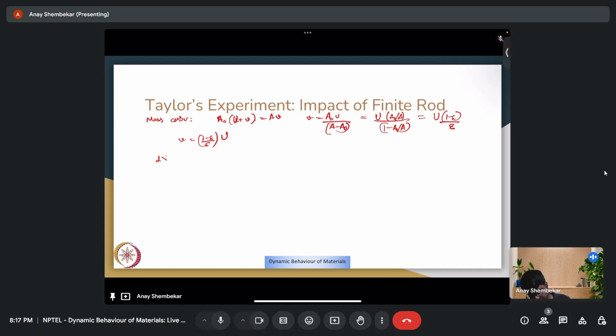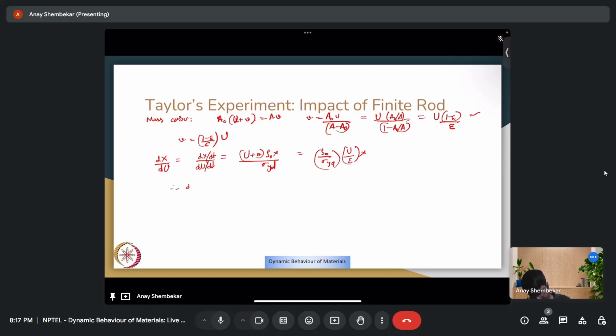You take dx by du, which is dx by dt upon du by dt, and it can be written as u plus v times rho naught x by sigma yd, which is nothing but u rho naught by sigma yd, using this relation, u by epsilon times x.